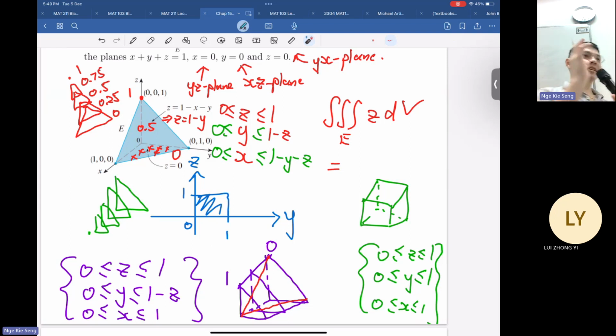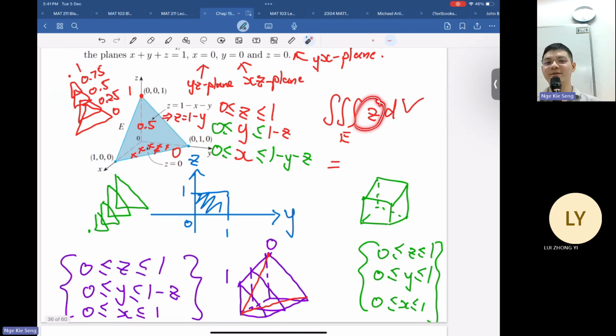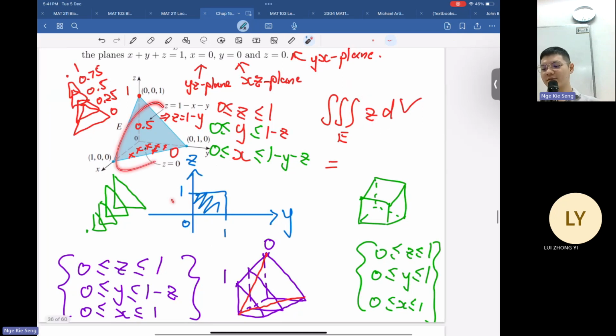In this chapter, the integration domain is harder than the integration itself. So you must get the integration domain right. You see, the integration is just on z only, but the domain is very complicated. Any question on how to cut this?